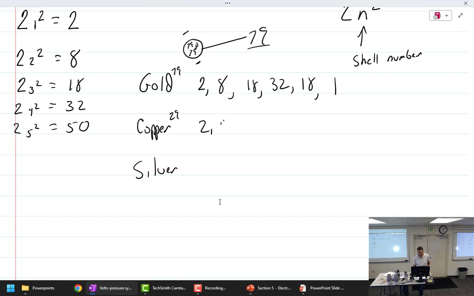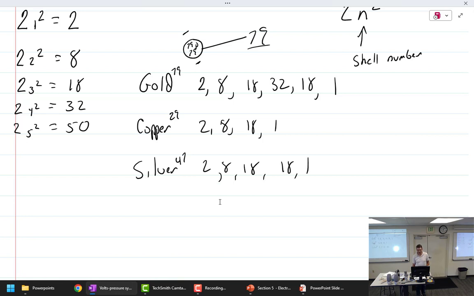That is 2, which fills up the first shell, then 8, then 18, which follows it, then 1. Again, it's only got 1 out there, and they do call it a free electron, but it's only the 4th orbit out, so it's a little more tied to home. And then silver has 47. Silver goes 2, 8, 18, 18, 1.